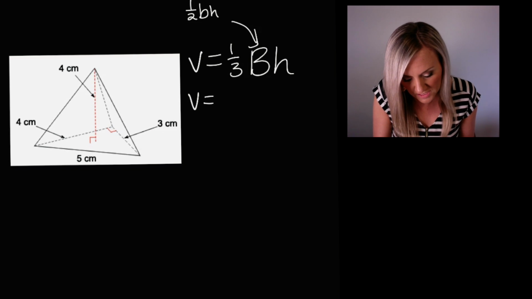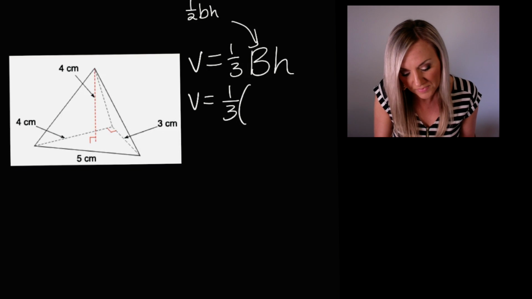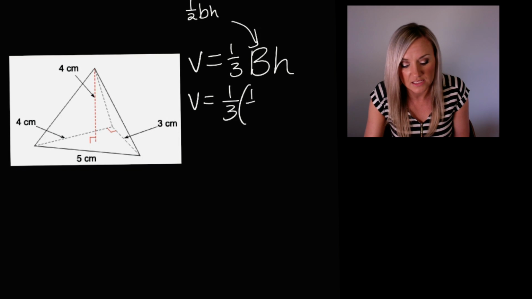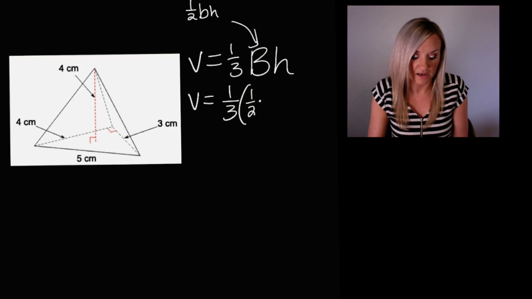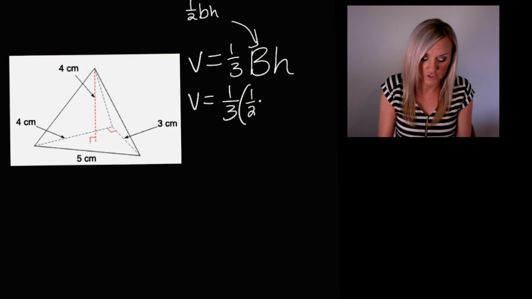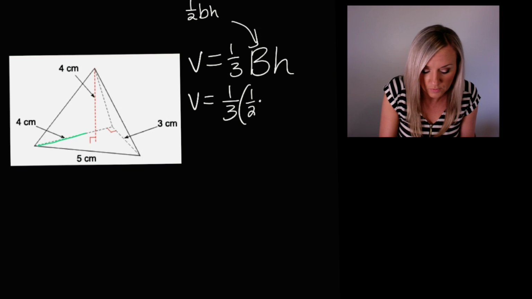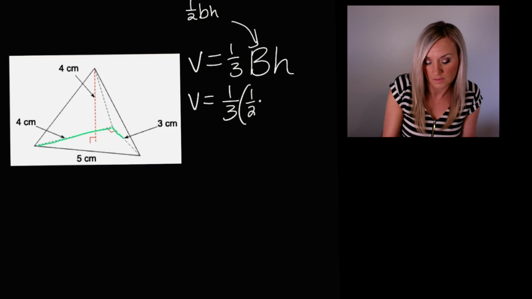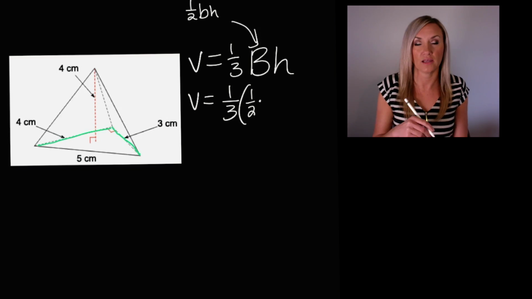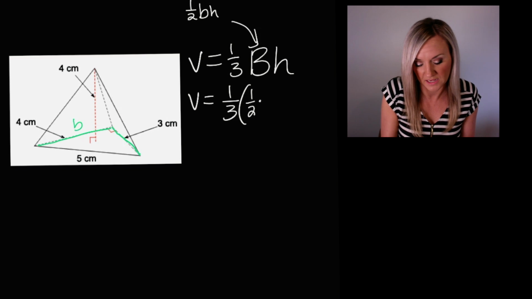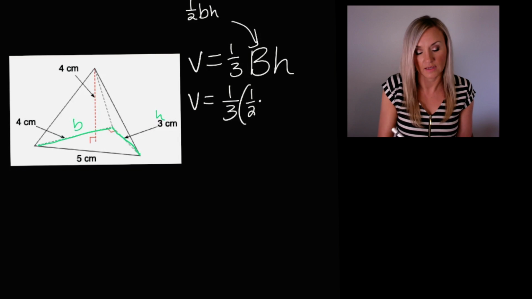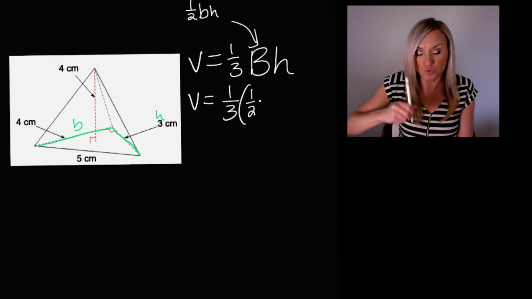So volume equals 1/3, and then the area of the base is 1/2 times base and height. Let me show you what I'm talking about. In a right triangle, the base and the height are the two that meet at 90 degrees. So base and then height, and then don't forget that other 4 is the true height.